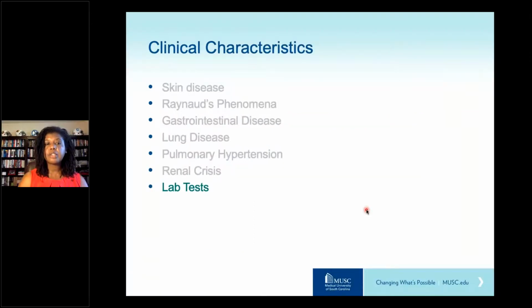And finally, there are several lab tests that we check in our scleroderma patients, but I'm going to highlight the ones that are found more frequently in African American scleroderma patients.